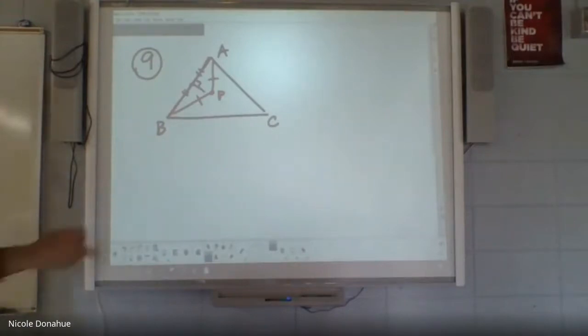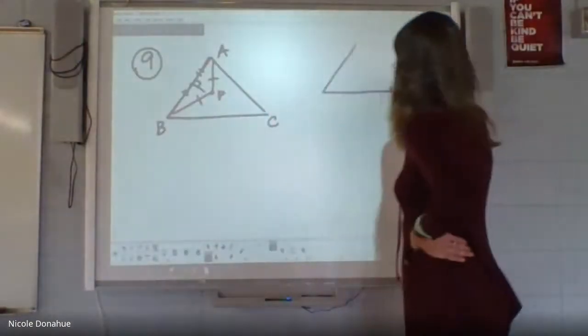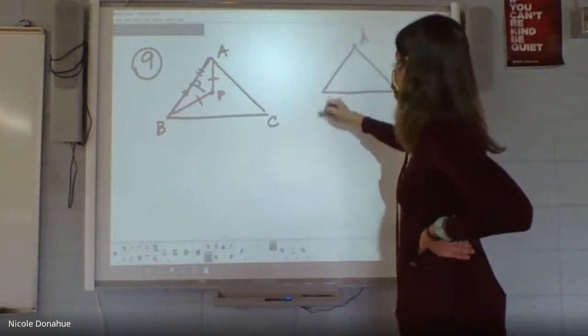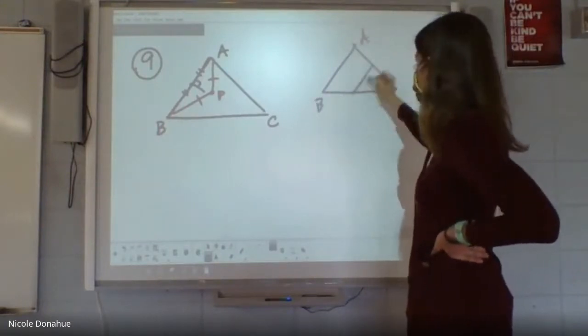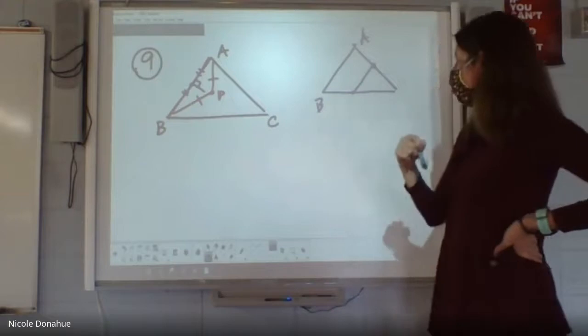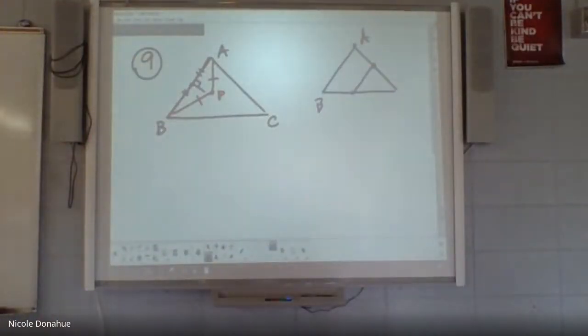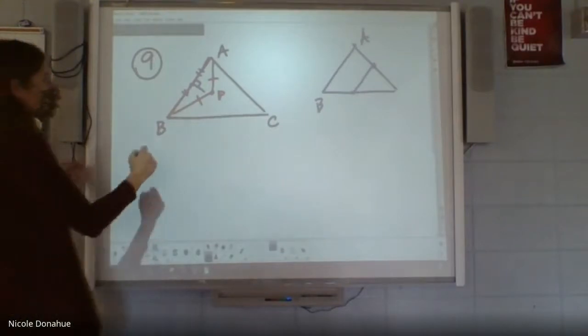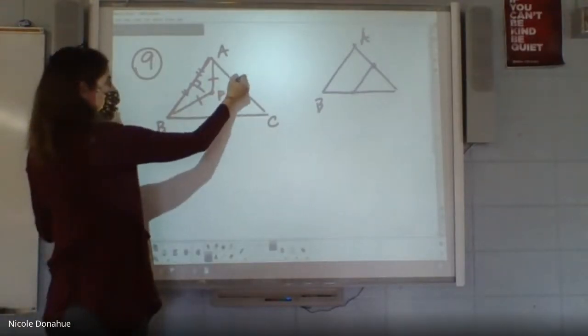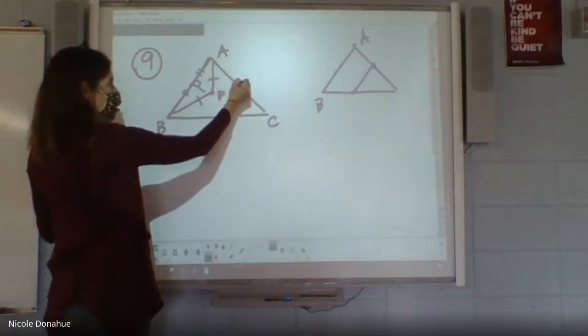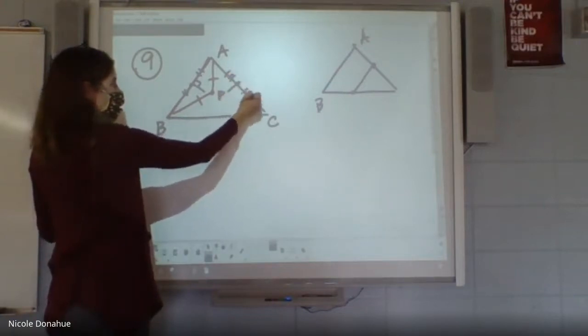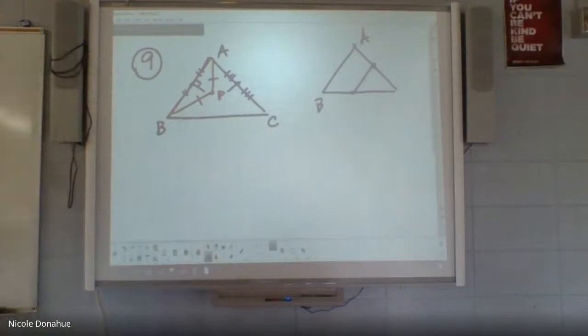The mid-segment cuts these into 2 equal pieces. And then the perpendicular bisector of AC. So it's trying to decide which of these it should be.